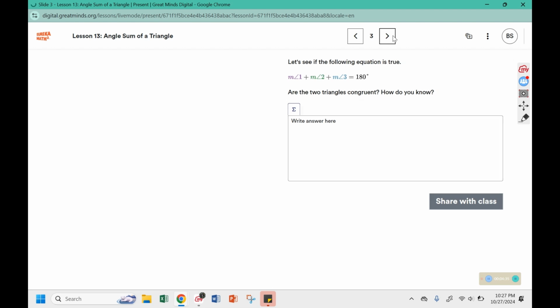Let's see if the following equation is true. Are the two angles congruent? How do you know?